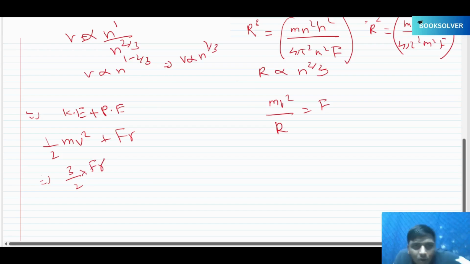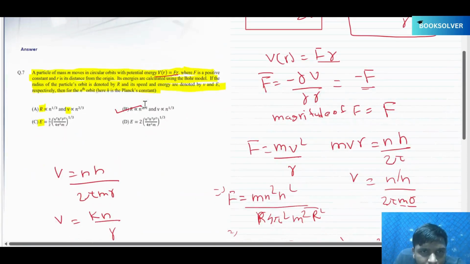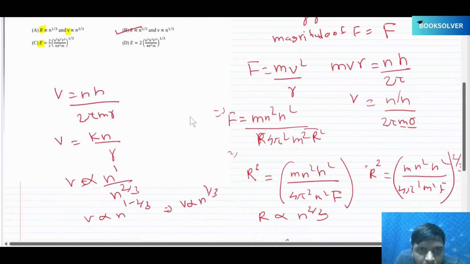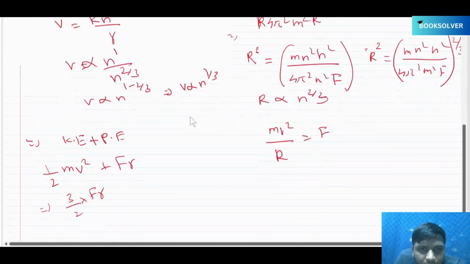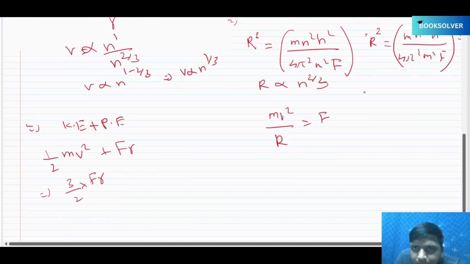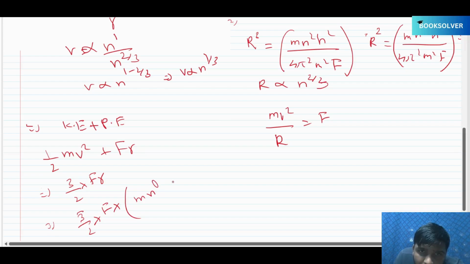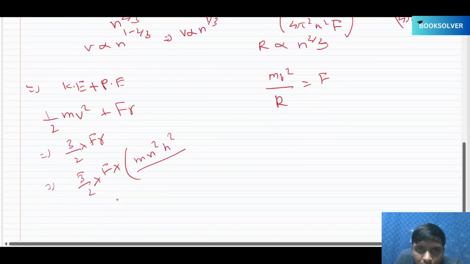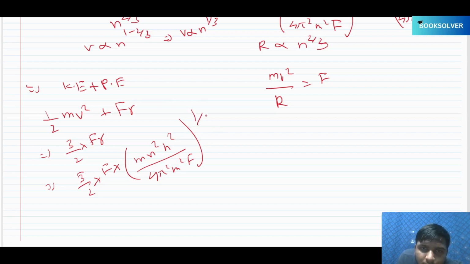Let me check whether in the options they have mentioned F or removed F. Yes, we can have F here. So now we can write 3 by 2 F r. Now R we have to calculate: R is nothing but m n square h square by 4 pi square m square F, to the power 1 by 3.